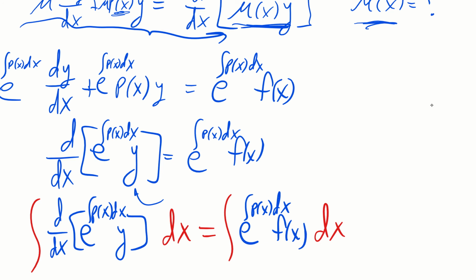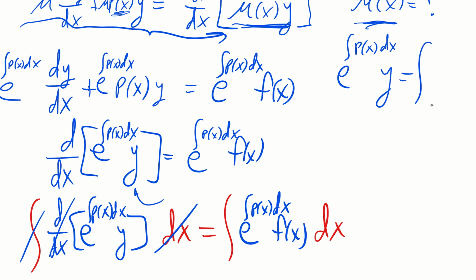On the left-hand side, from the fundamental theorem of calculus, the integral and the antiderivative cancel, and so we get e to the integral of p of x dx times our function y, which will be equal to whatever this right-hand antiderivative is. 99% of the time, or maybe 90% of the time, we'll work with functions where we end up with a form on the right-hand side that we can explicitly solve.